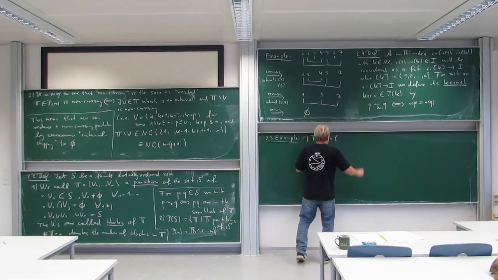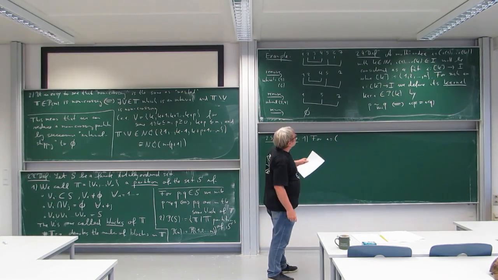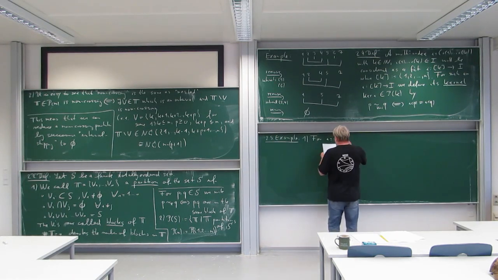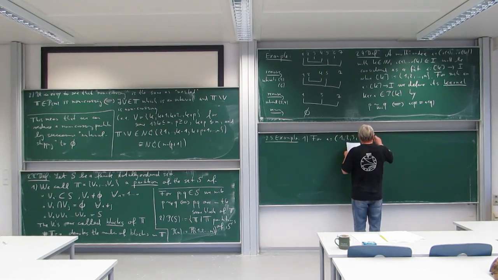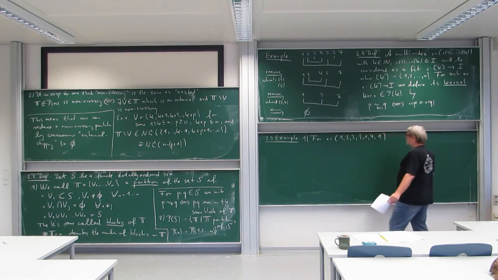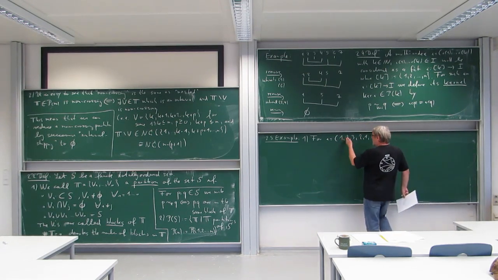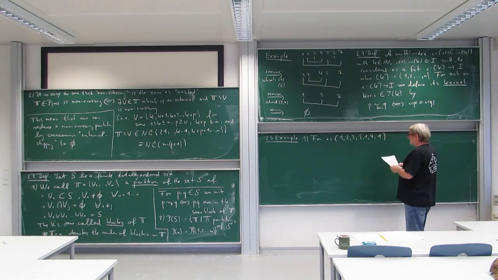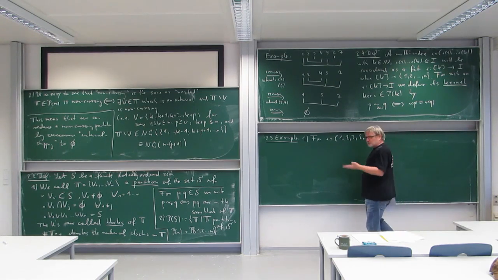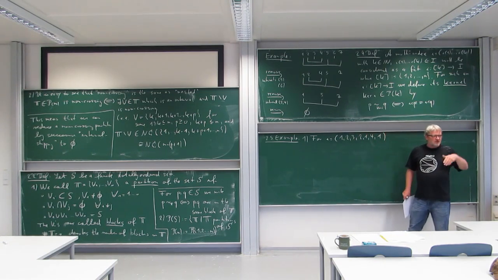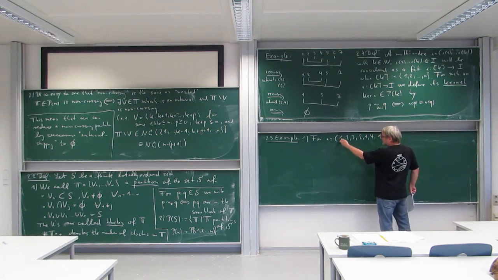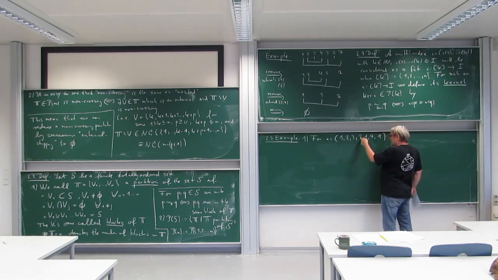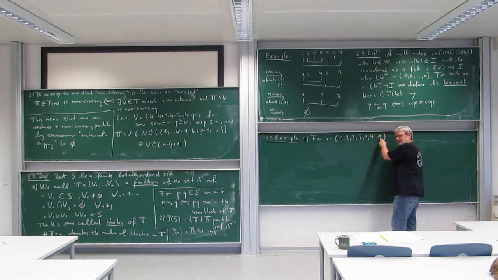Let's say k is 7 in this case, and i is, let's say, (1, 2, 3, 2, 1, 4, 1). So this means i(1) is 1, i(2) is 2, i(3) is 3, i(4) is 2, and so on. In our situation, this would correspond to considering a product of 7 elements. The first element comes from the first algebra, the second from the second algebra, the third from the third algebra, and then the fourth comes again from the second algebra, the next from the first algebra, then from the fourth algebra, and from the first algebra.